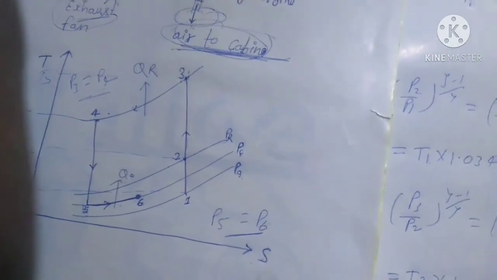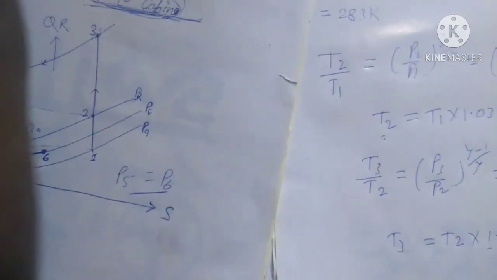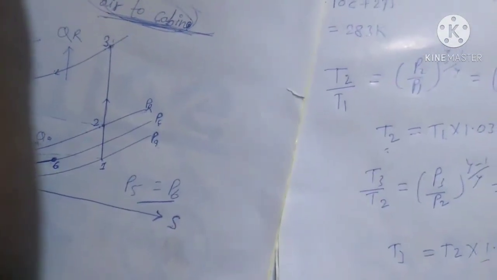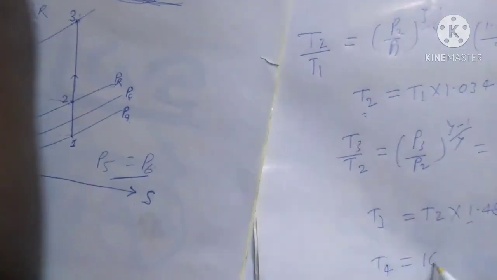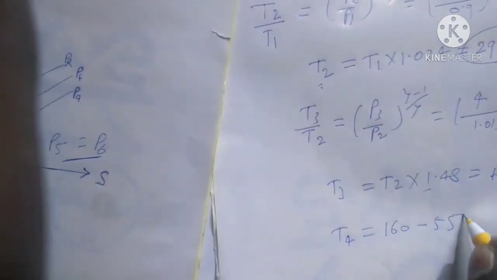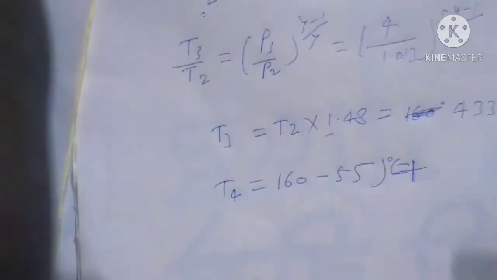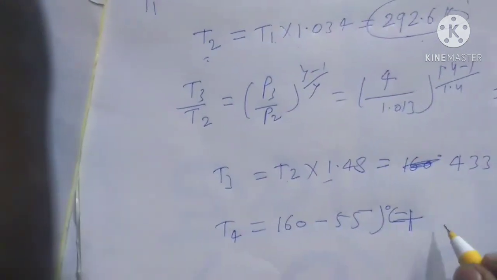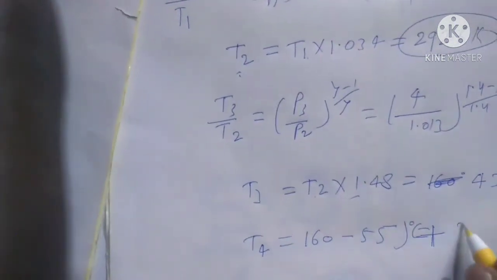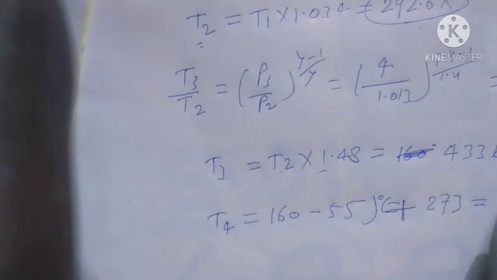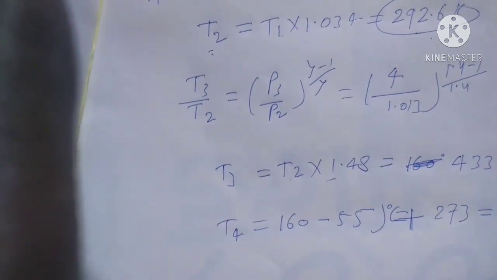So what is T4? T4 equals 160 minus 55 degree Celsius, and if you convert it in Kelvin, you add 273 and find 378 Kelvin.